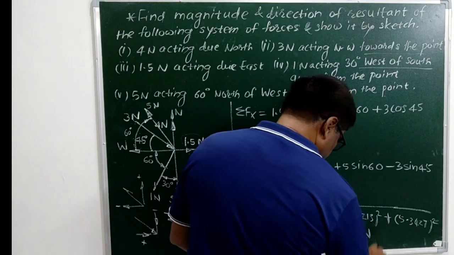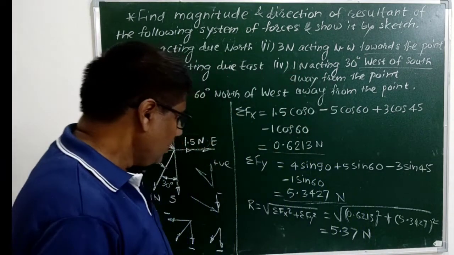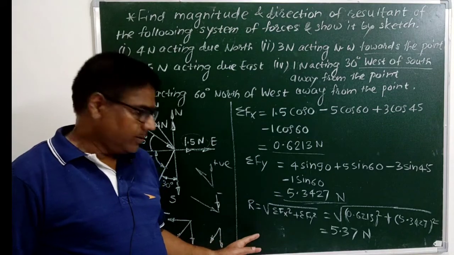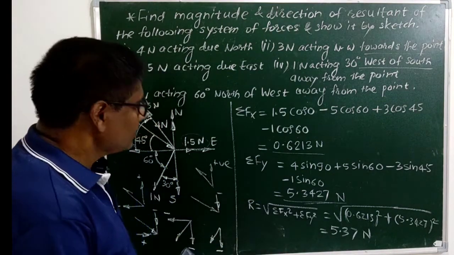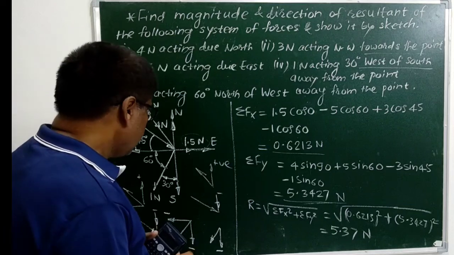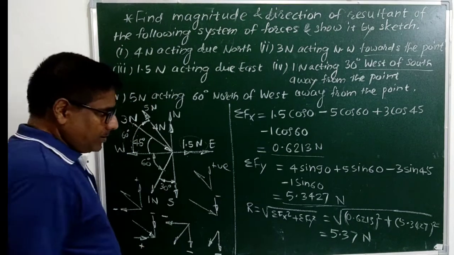I am writing only 2 digits. Newton. As the value of the resultant is positive, therefore the resultant is lying in the first quadrant.